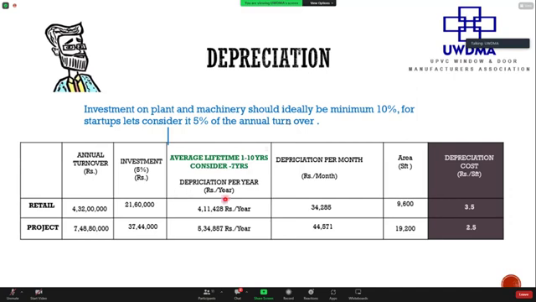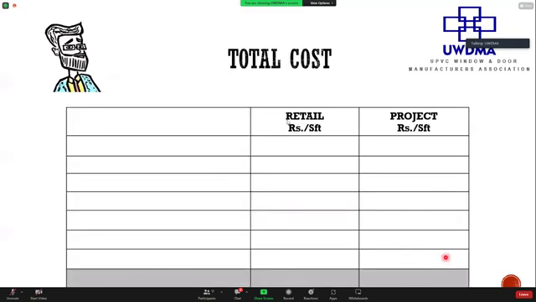So depreciation per year is around 4 lakh 11,428, and then we'll divide by 30 for monthly, and then divide by 9,600 to get the per square feet cost. So depreciation cost is coming around 3.5 for retail and 2.5 for project.